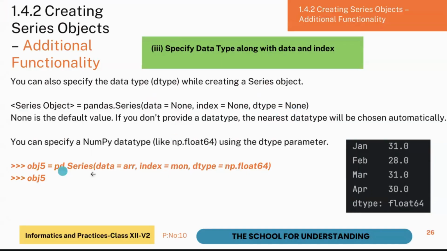If you look at the example here, I'm passing the data as an array, I'm passing the index, and then I'm passing a dtype. This is nothing but the data type. I'm using float64, that's why I'm getting float64 here. np is part of NumPy, so we can specify a NumPy data type, which is np.float64. When we print that, we'll get this value here.